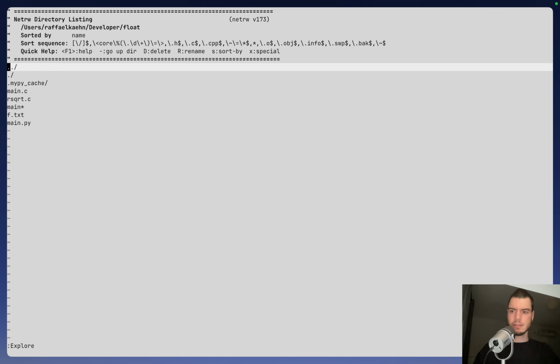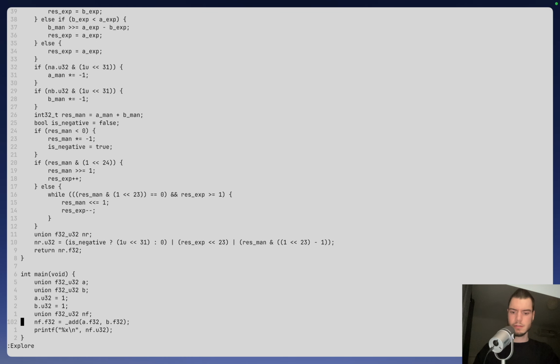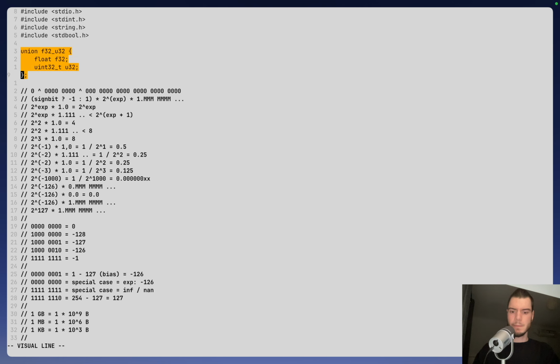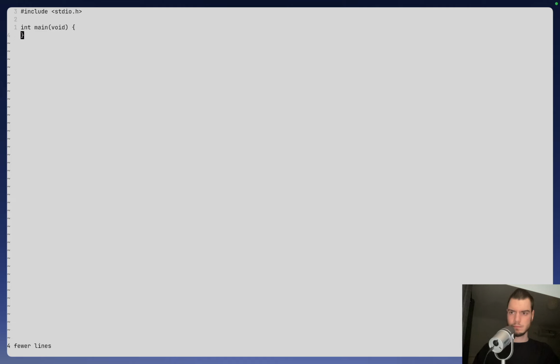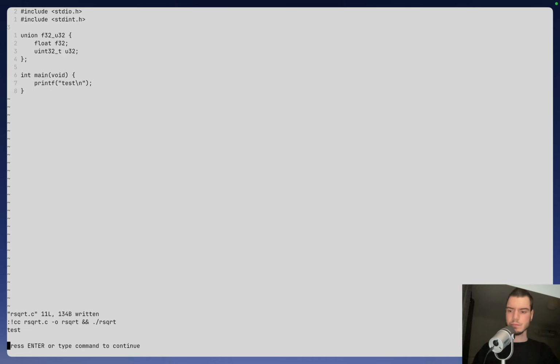And actually, let me just copy our union from here. Let's try if this works. Definitely need to include standard integer again. Sorry, hopefully that should be fine. r_root.c. Output is going to be r², and we're going to call that. All right, looks good.